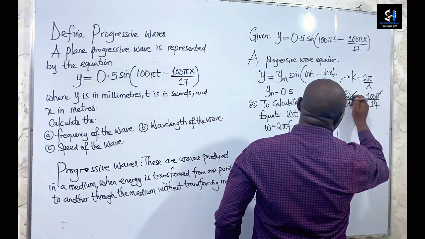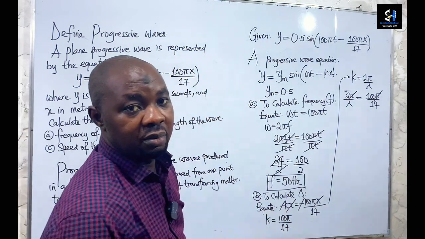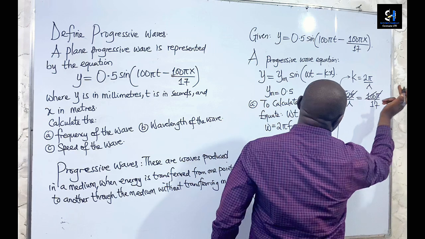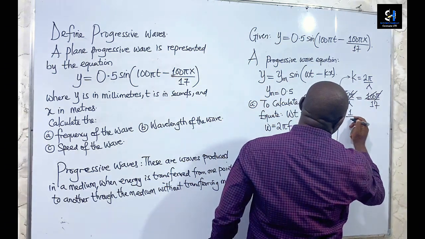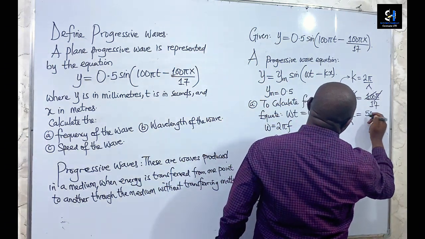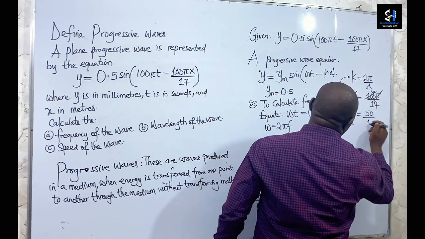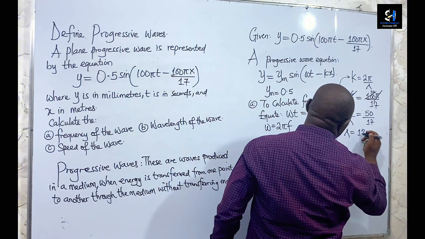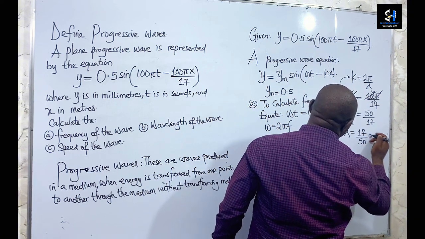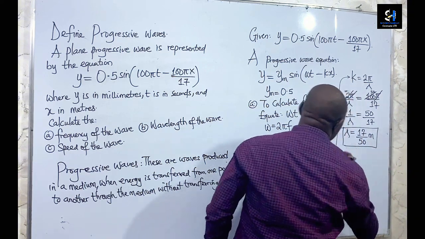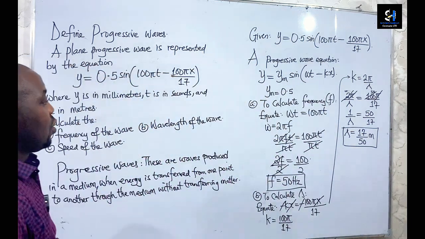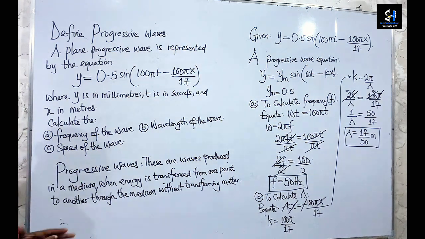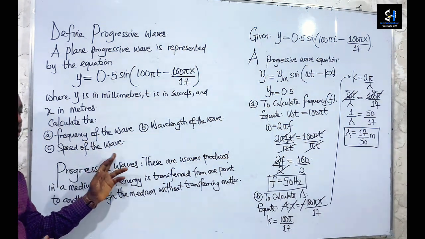We can see pi on both sides, so we divide both sides by pi, and 100 divided by 2 is 50. So we have 1 over lambda equals 50 over 17. If I flip this, the wavelength will be 17 over 50 meters. Let me leave it this way. So that's the wavelength.